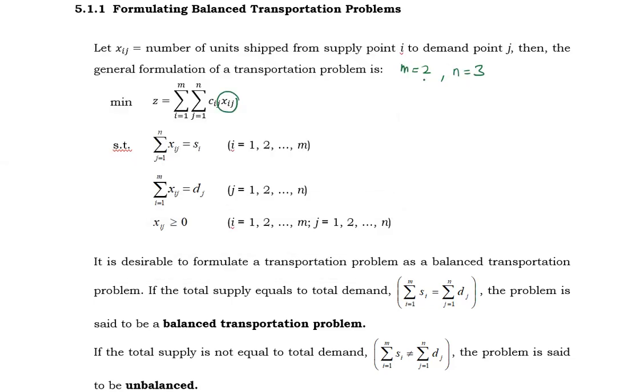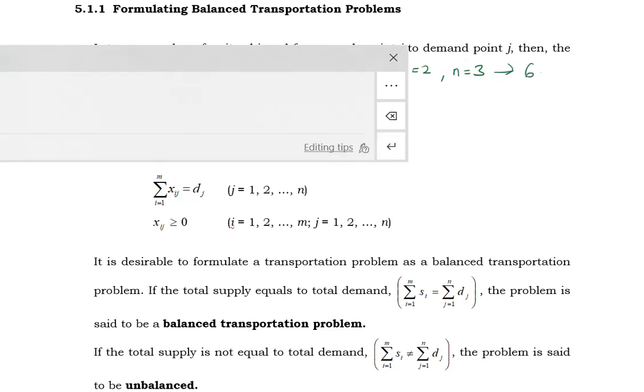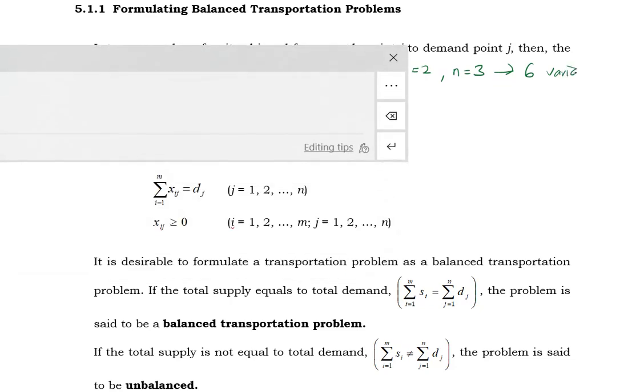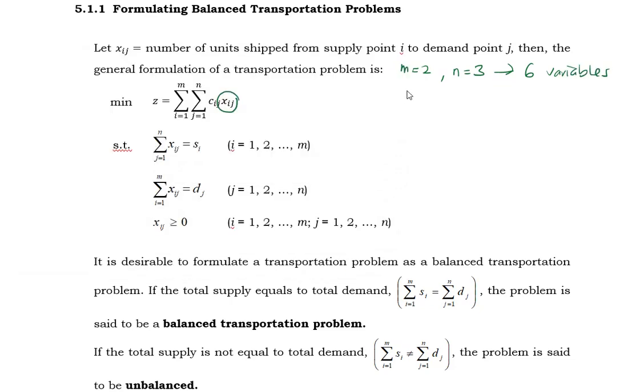Therefore, this example has 6 decision variables. The variables are x11, x12, x13, x21, x22, and x23.